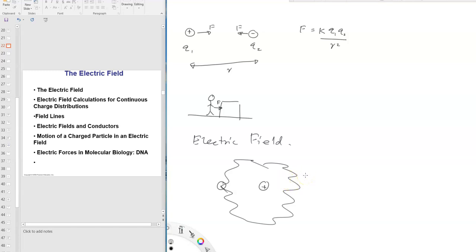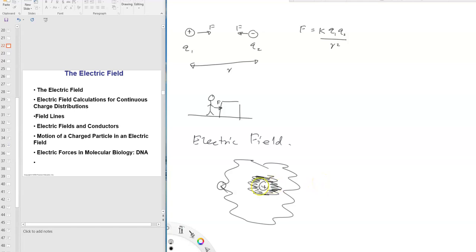It's everywhere around the charge, and it has properties: close to the charge, it's pretty strong, so I'm going to make it look darker. As you go further away from it, the field strength decreases. So we are assigning some property to the charge, saying that it creates an electric field around the charge, and as you go further away from it, the strength decreases.